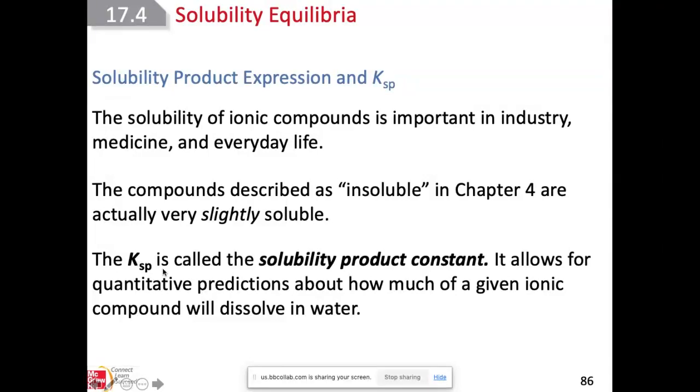So the KSP is a constant. It's a solubility product constant, the same as an equilibrium constant, and it allows us to quantitatively predict how much of that insoluble compound will dissolve in water. They're insoluble, but a slightly small amount, traces, can still dissolve, and we can actually have traces of ions in the water.